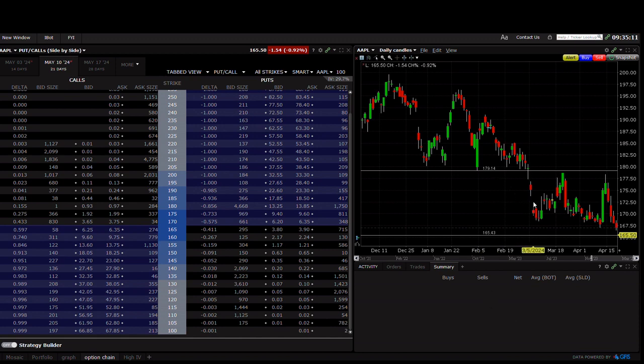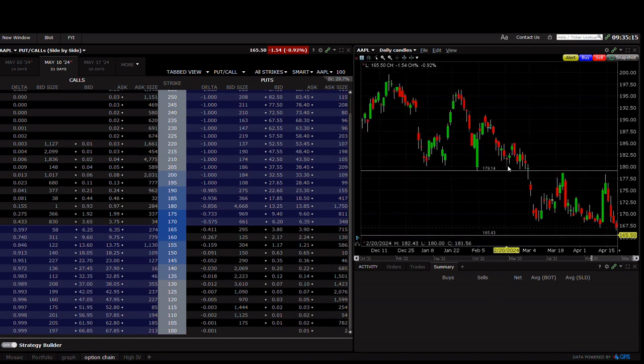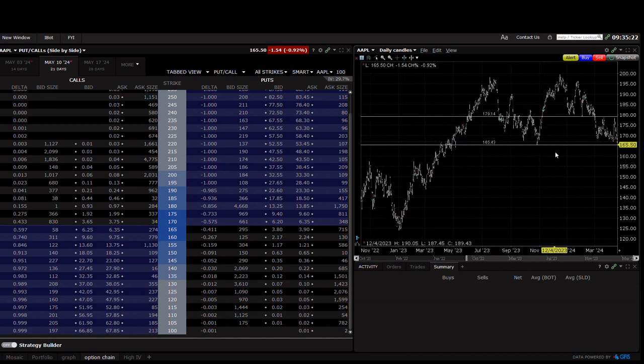In this case, if they have a huge position in Apple, they will buy an insurance for Apple for a specific price. So for example, here you see the price has been around 165 for a long time, and there is also a chance that the price will go up.